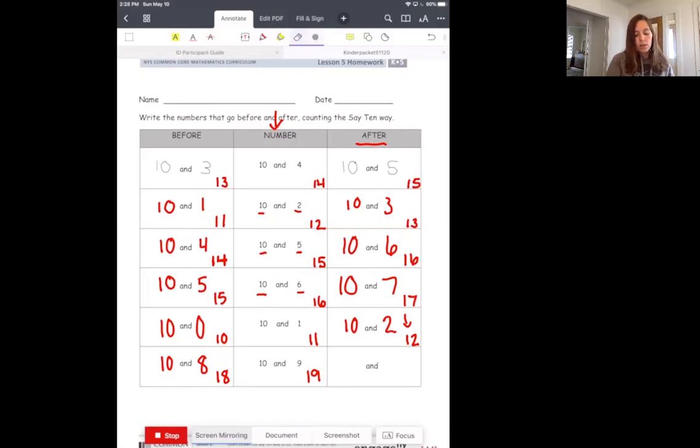Now, we have one more left to do. We have to go over to the after side, over here. And we've already found 18, 19. What comes next? 18, 19, 20.